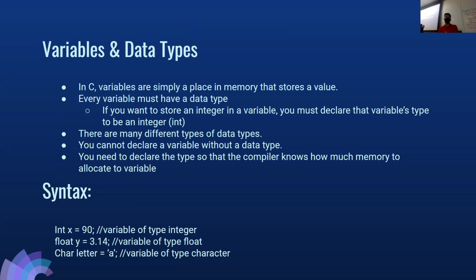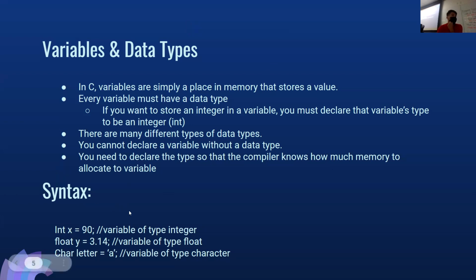You have to specify that that variable is an integer and then store it. So as you can see here in the syntax, I specify that x is an integer and that equals 90. If I did int x equals a, that would not work. The compiler would complain and not run your code.